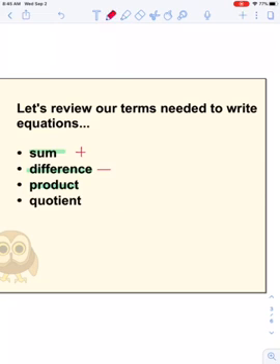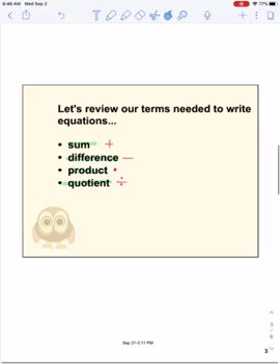Product is multiplication, and usually we use dots for multiplication, not x's anymore. And quotient is the fancy word for divide. So if it says the sum of, or the difference of, or the product of, or the quotient of, that means you're adding, subtracting, multiplying, or dividing depending on what word they are using.